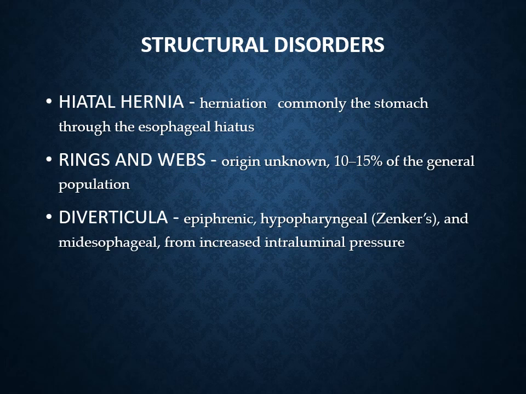And the diverticula are categorized by location, with the most common being epiphrenic, hypopharyngeal or the Zenker's, and the mid-esophageal. They result from increased intraluminal pressure associated with distal obstruction, and most of them, small diverticula, are usually asymptomatic.